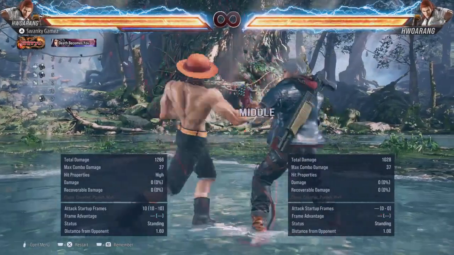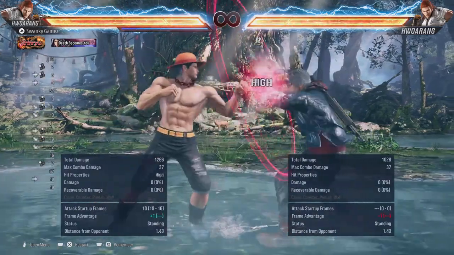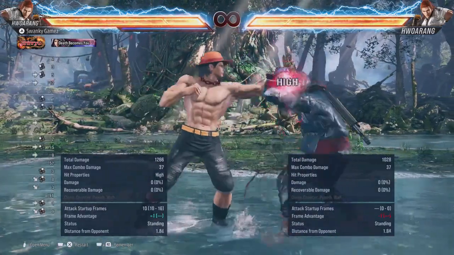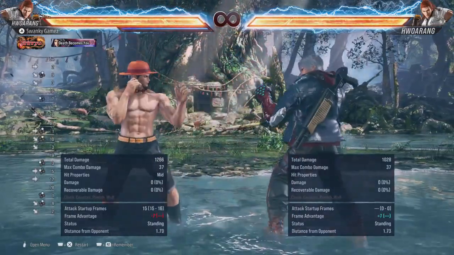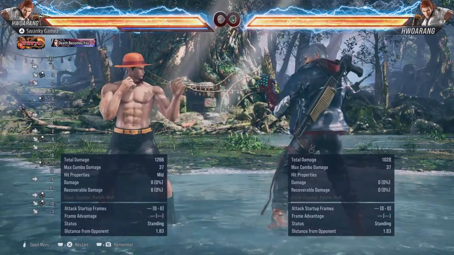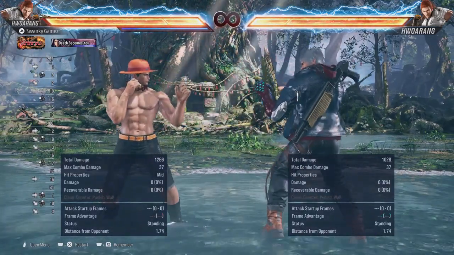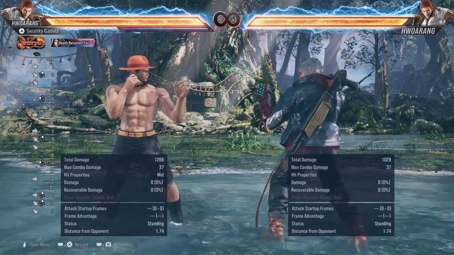For example, down forward 2 is -7. It has poor range, but if you think your opponent's going to run into you, you just throw it out. And if by the off chance they do block it, you're completely safe. But if it hits, you get a full launch, which is what you're looking for, obviously. So that would be considered very good.